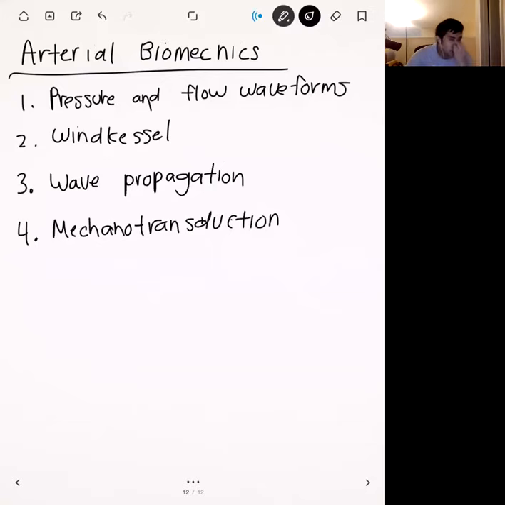There's also everything at the end with allometry, but I can tell you right now that allometric relationships are not going to be on the exam. Okay, and so let's go over each of these sections individually, and then kind of talk about what the main points are. Okay, so let's start with the pressure and flow waveforms.